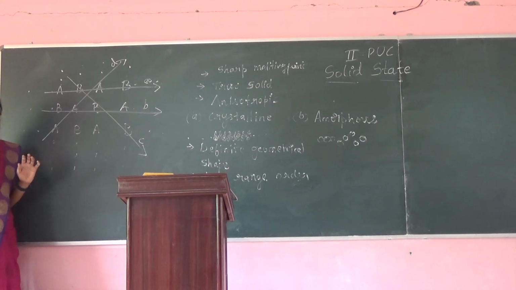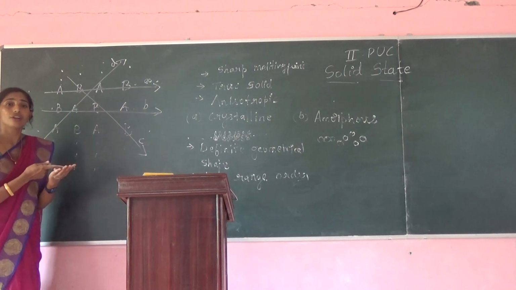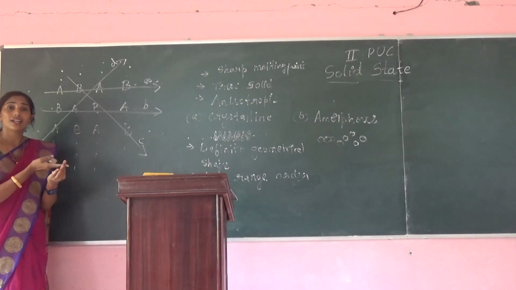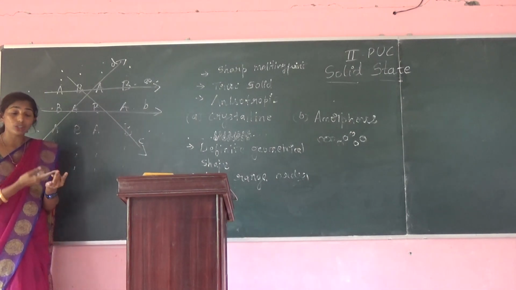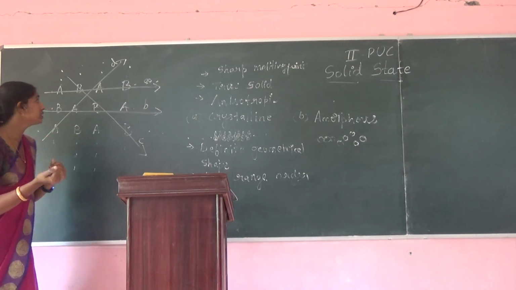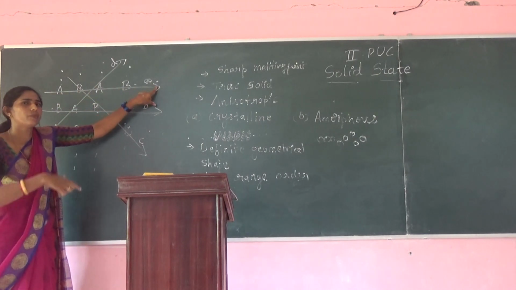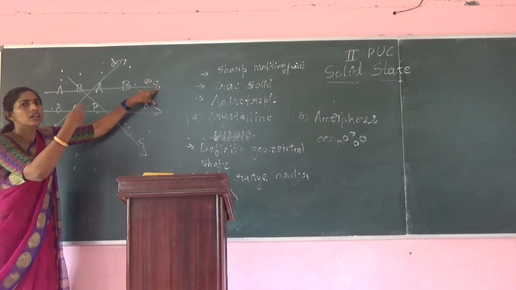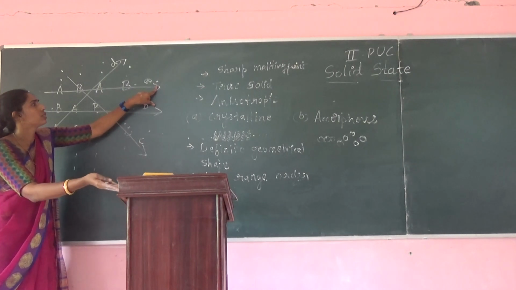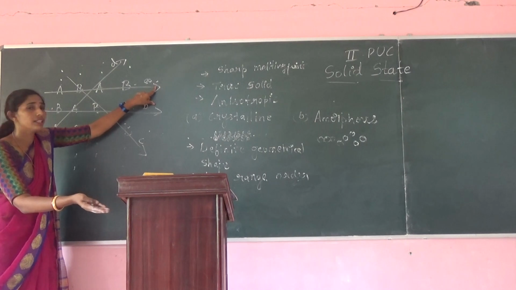What are the physical properties? One is refractive index, then thermal conductivity, thermal expansion, melting point, etc. Here in this direction, since it is an AB pattern, I can observe one refractive index, and the thermal expansion or thermal conductivity is different here, the electrical property is different in this direction.